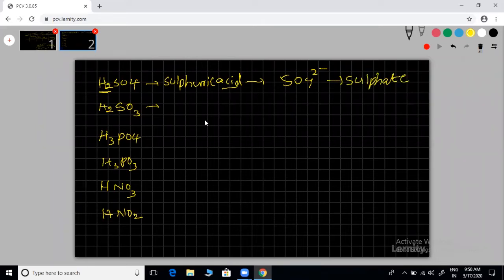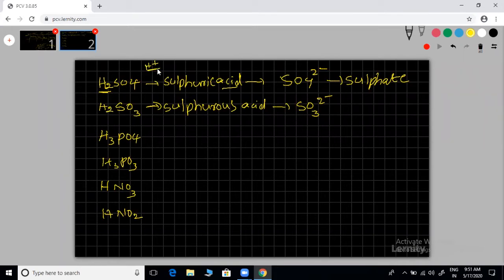Any doubt here? Next. Now this is sulfurous acid. This is SO3 2 minus. Just remove these two hydrogens. H is +1. If you remove two hydrogens, you'll get a 2 charge. Each hydrogen equals 1 plus. Is it correct or not?